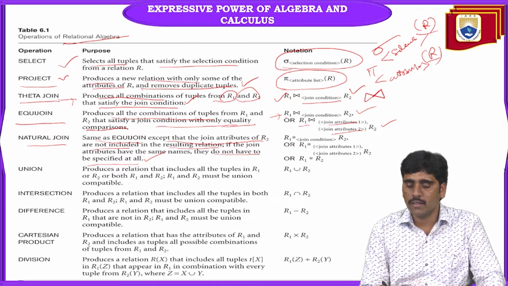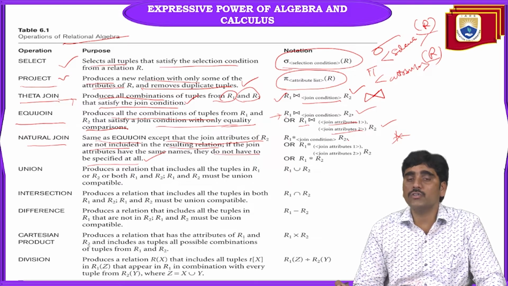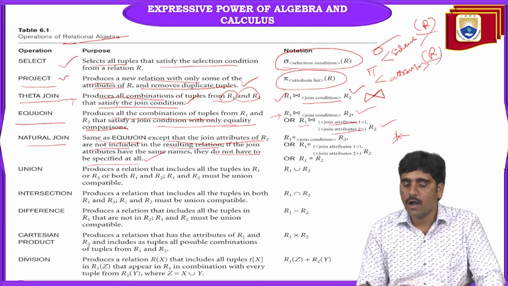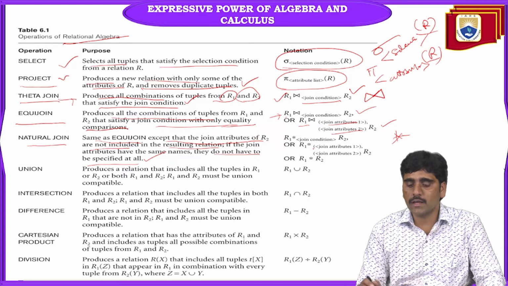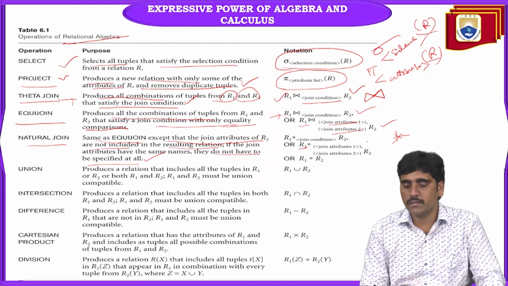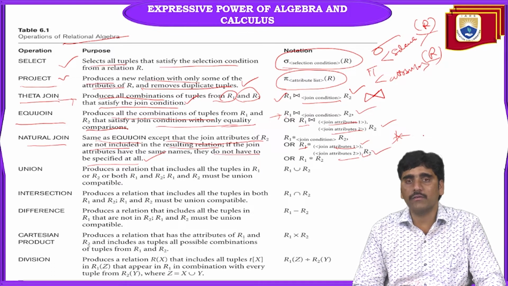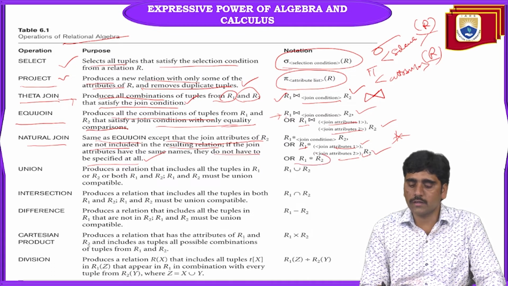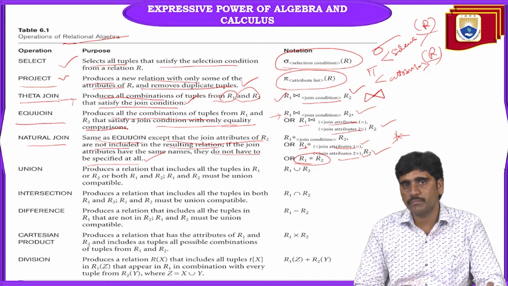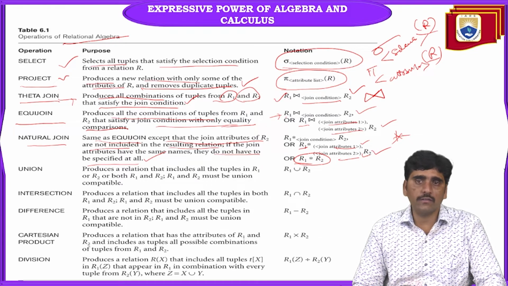The notation is R1, natural join indicated by a star operator, then the join condition, then the second table. Or else you can write simply table 1 star table 2. That is how you specify natural join.